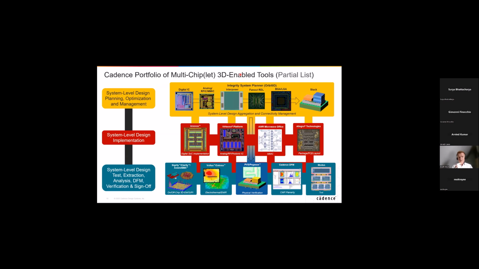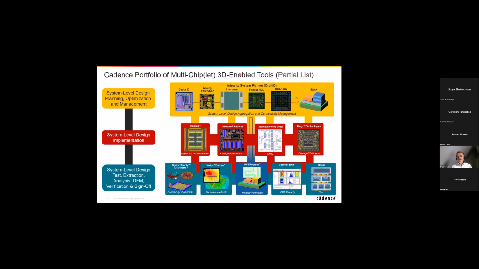Looking at the tools and flows we have at Cadence, we are the vendor providing both chip design tools, package and board design tools. So we are unique and we are able to actually integrate all these different tools seamlessly to provide not only tools, but also solutions and flows to address these design challenges.